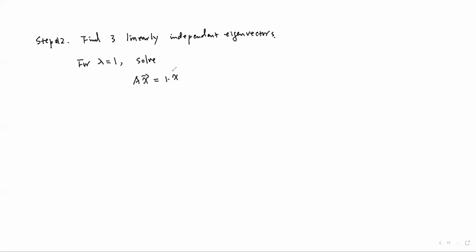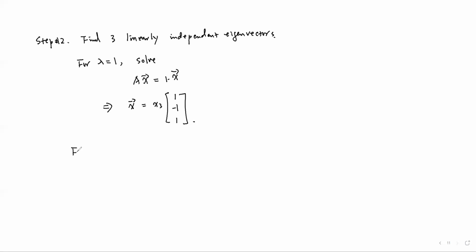The solution is x equals x free times 1, negative 1, 1. Now we have one independent eigenvector. All other eigenvectors corresponding to 1 depend on this eigenvector.